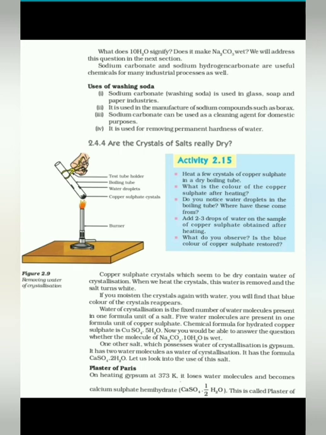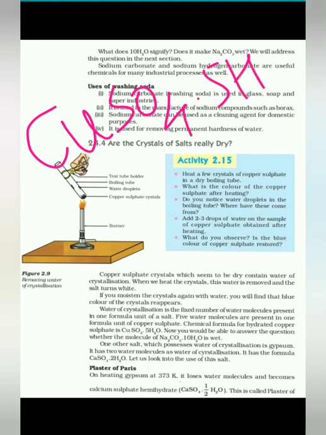It is a fixed number of water molecules present in one formula unit of the salt. Here copper sulfate has 5 water molecules as water of crystallization, so it is pentahydrated, CuSO4.5H2O. These 5 water molecules are the water of crystallization present in the copper sulfate crystals.